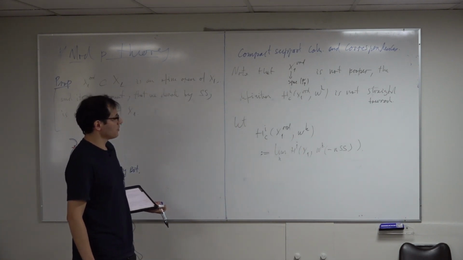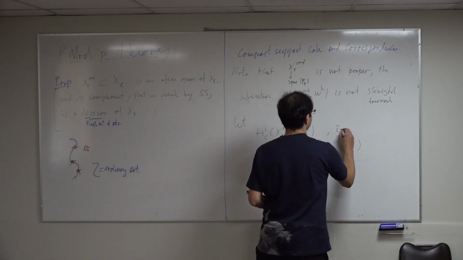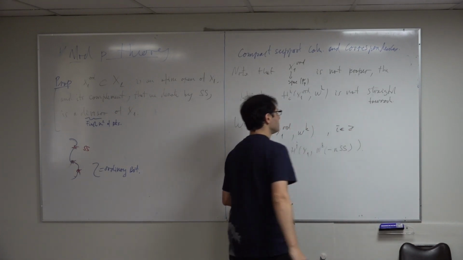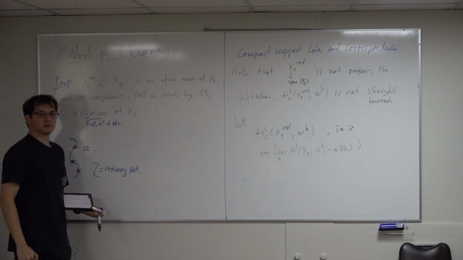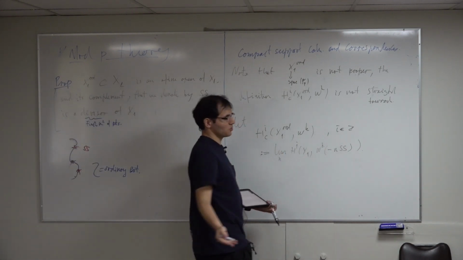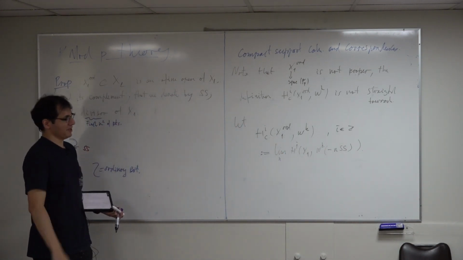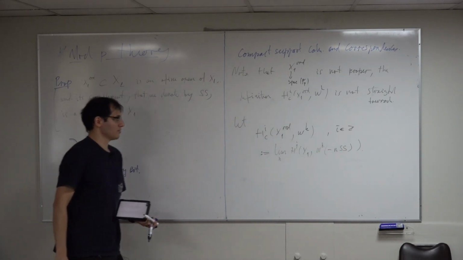Yeah, i is fixed, so i is just an integer. n is moving. So we're considering more and more zeros, or poles, on the singular and the supersingular locus.